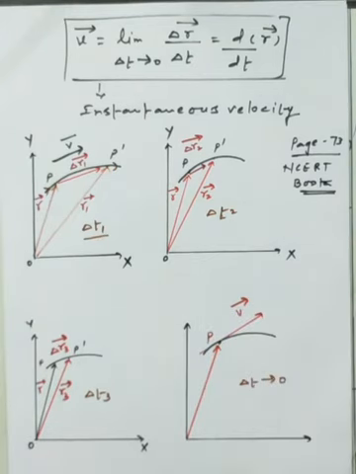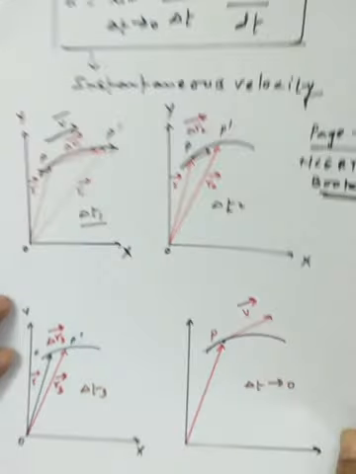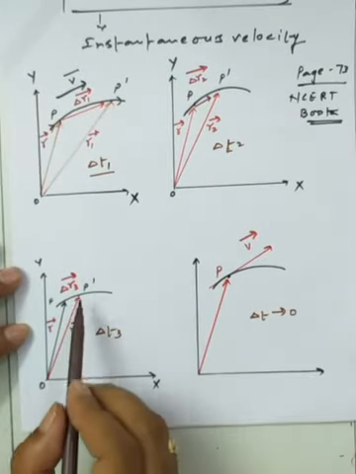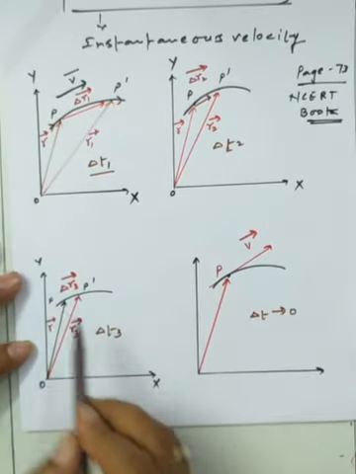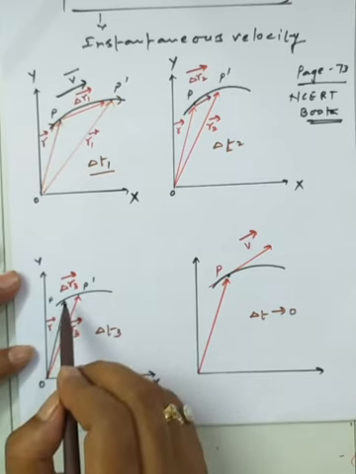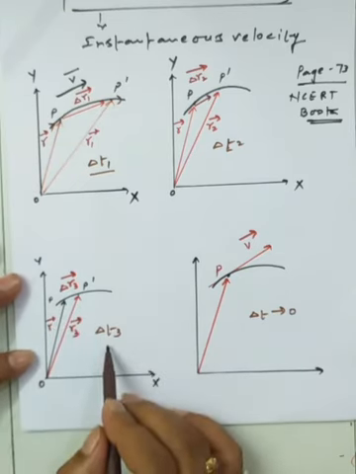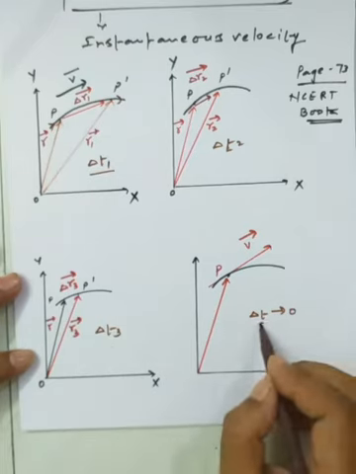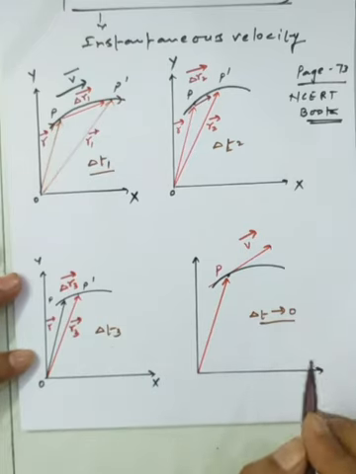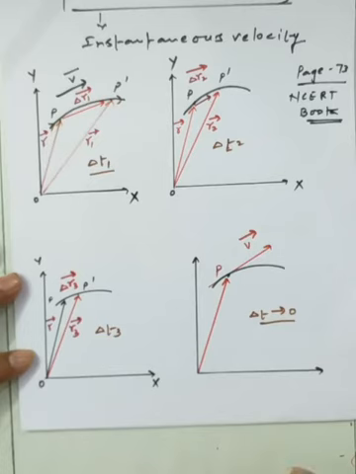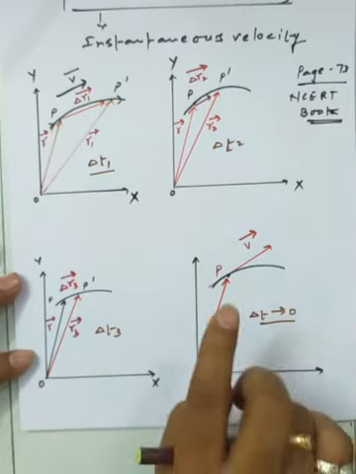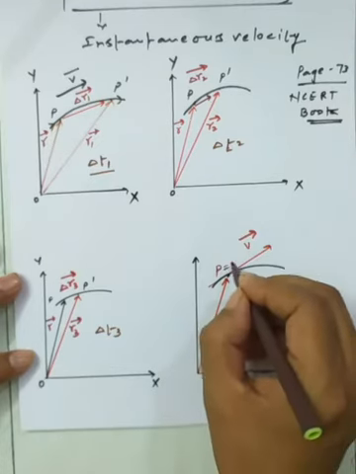Now in the third graph we have the condition where the point P dash is very much close to the point P, so here we have another displacement delta r3 vector, and the corresponding time is delta t3. Here I have assumed that the time interval between the two positions approaches 0, and P and P dash very much coincide with each other.